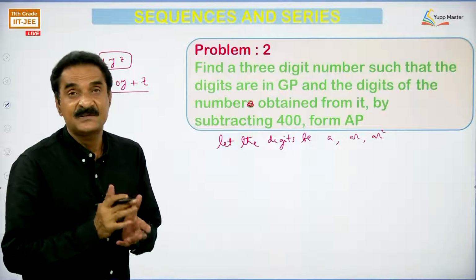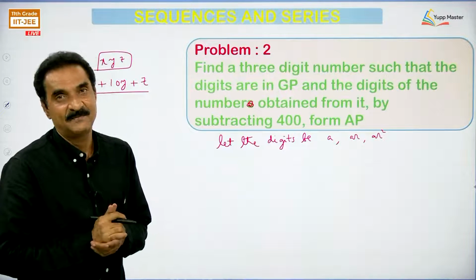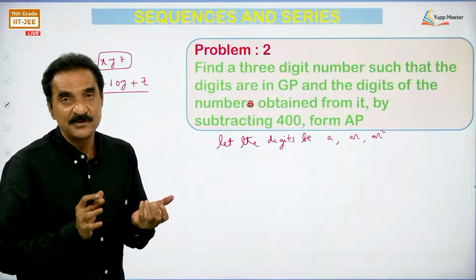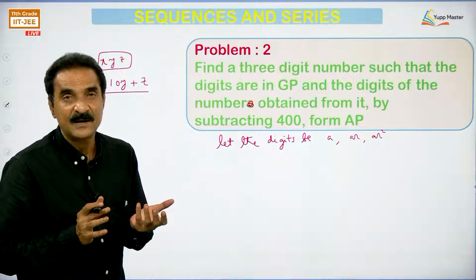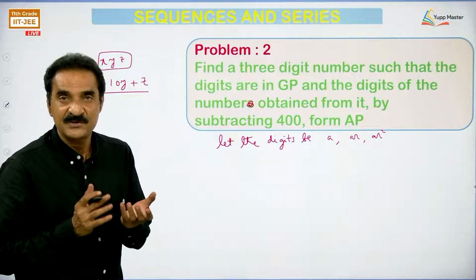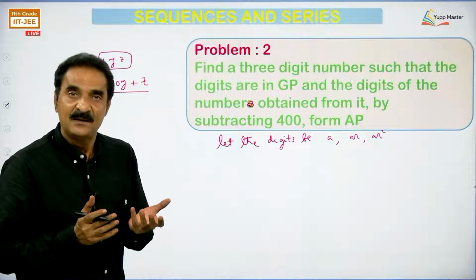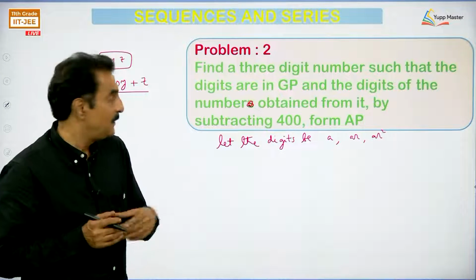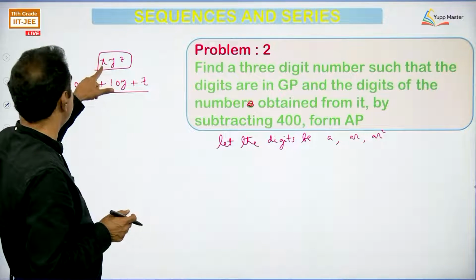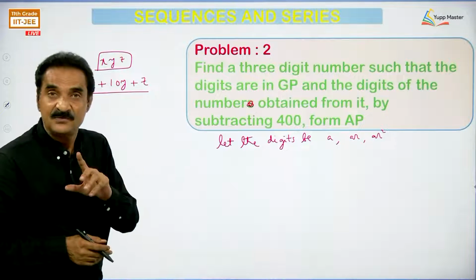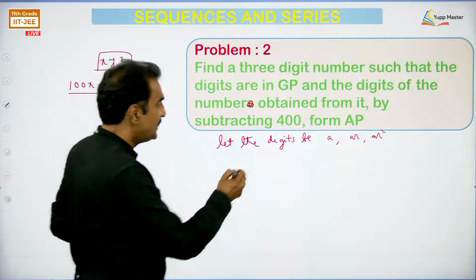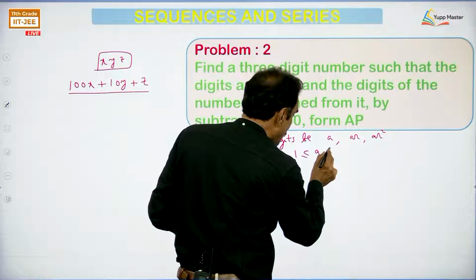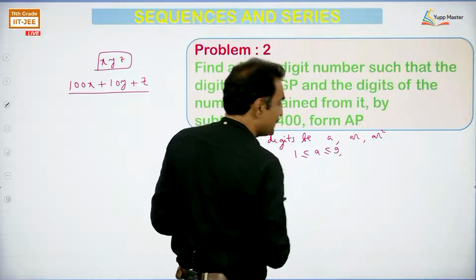They are digits of the 3-digit number. So a digit varies from 0 to 9. Either 0, 1, 2, 3, it is an integer, it can be 0 or maximum 9. But the hundreds place cannot be filled with 0. So here a should lie between 1 and 9 and a must be a positive integer.